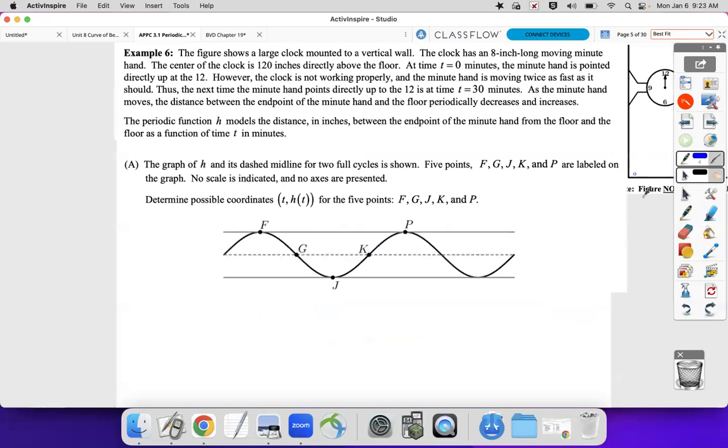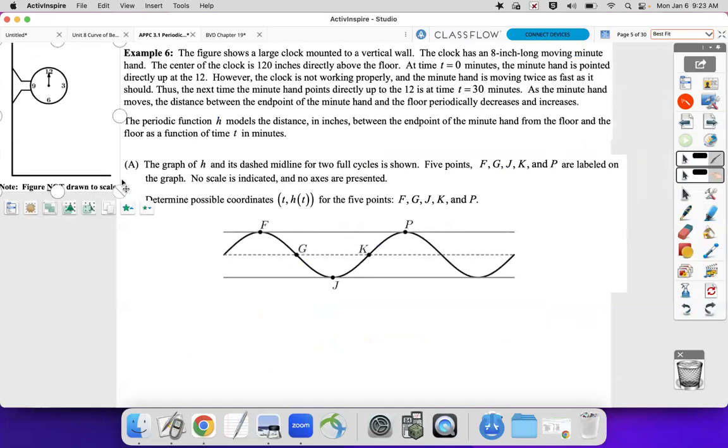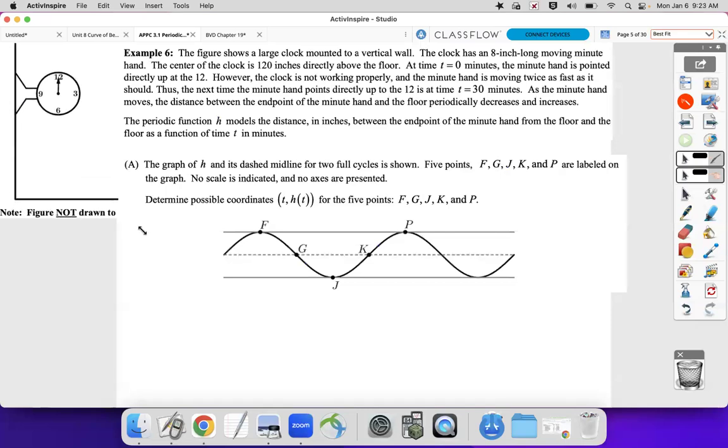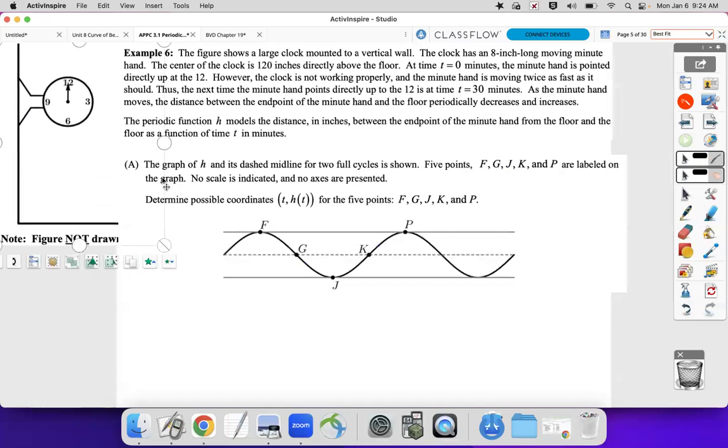Okay, so here is the example they're talking about in 6. So we have a clock mounted on a vertical wall, and the clock has an 8-inch long moving hand. So this is 8 inches.